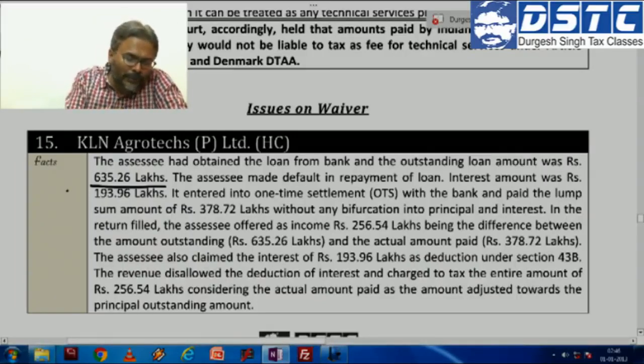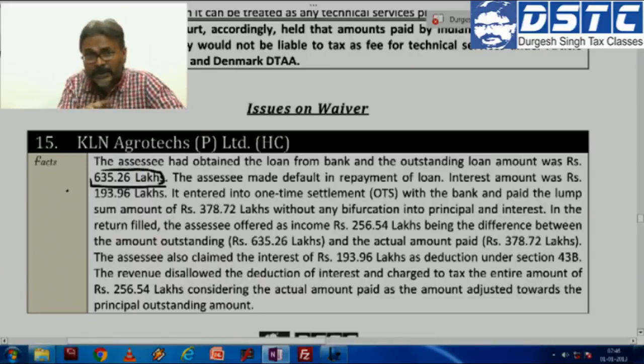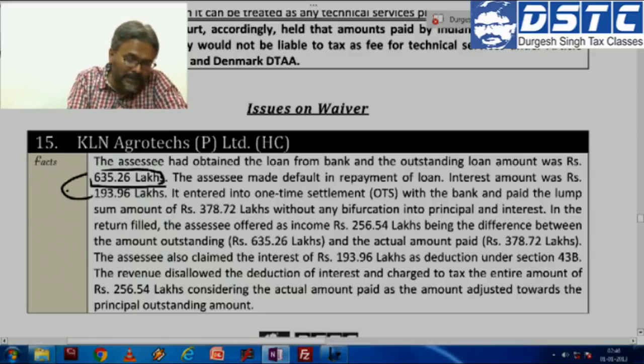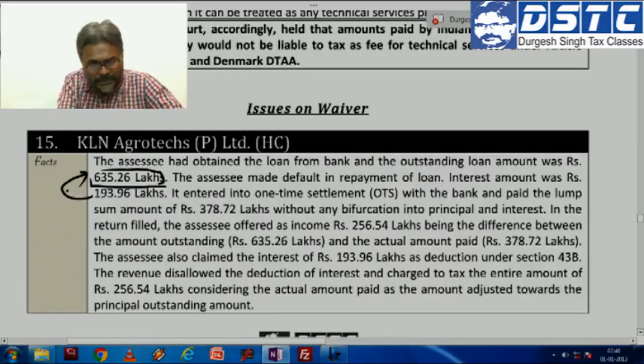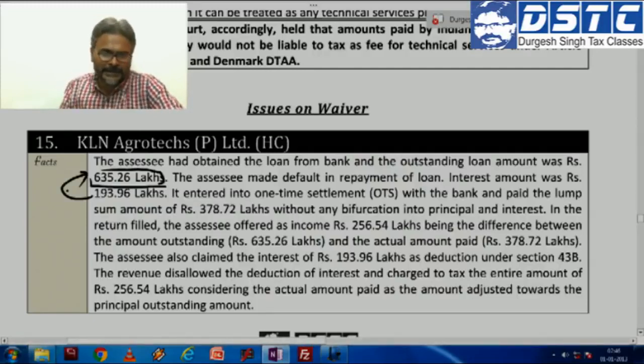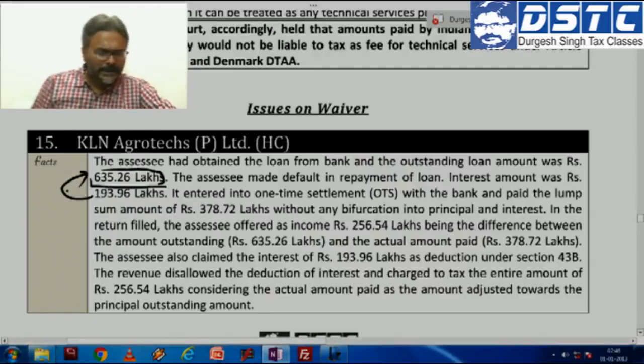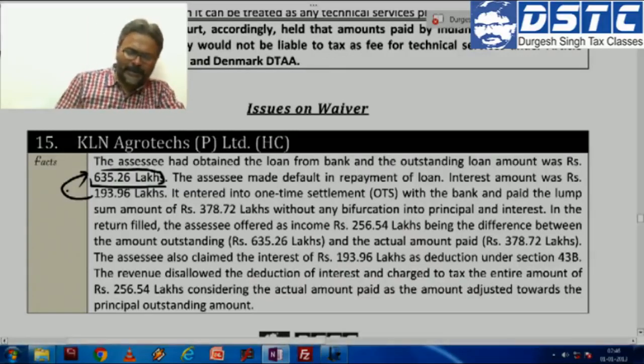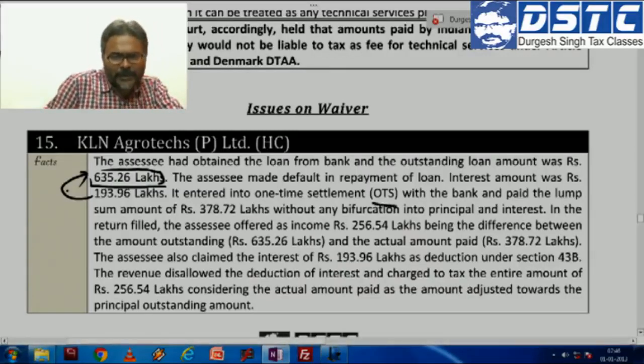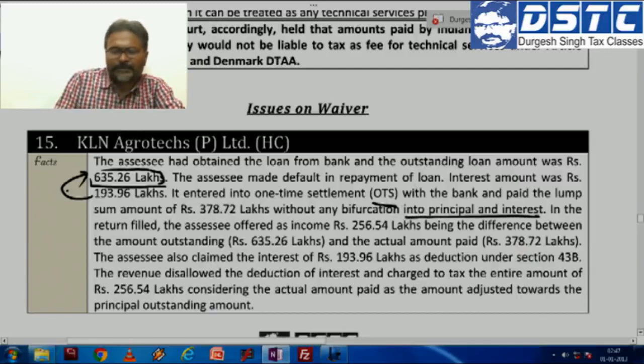So you can see this 635.26, this includes both the interest as well as the principal amount outstanding. Here what happened was they made a one-time settlement, OTS, with the bank, and paid the lump sum amount of 378.72 lakhs without any bifurcation into principal and interest. This is what they have done.